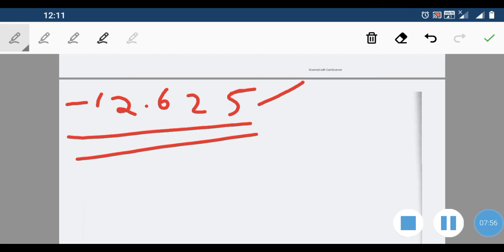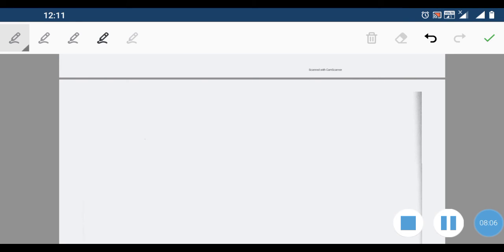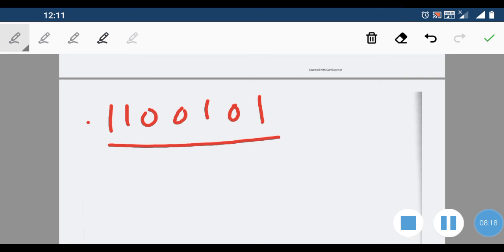For plus 12.625, the mantissa part is 0.1100101, and the exponent part in biased form is 2 raised to 132.